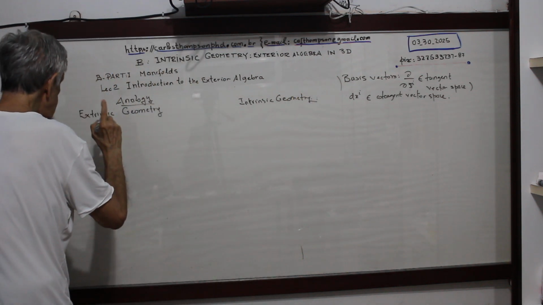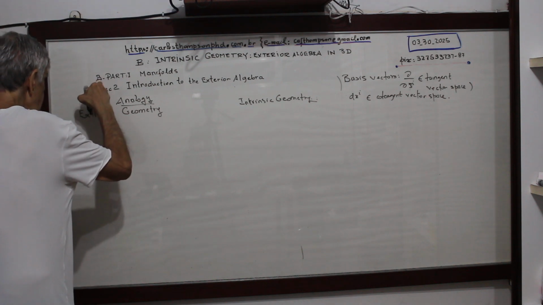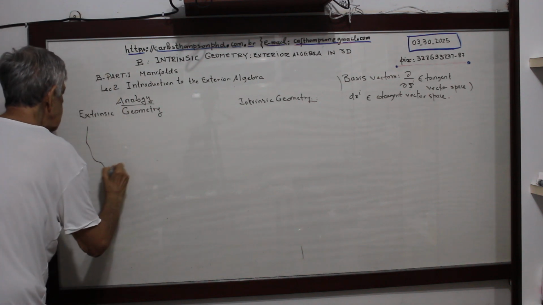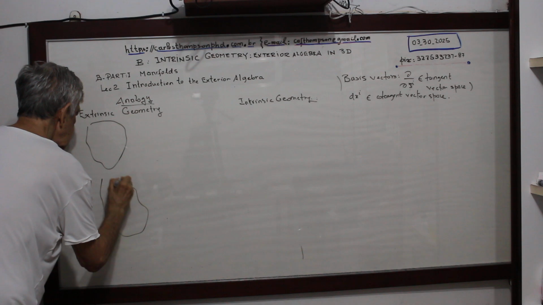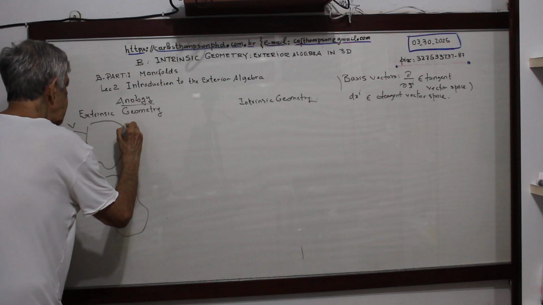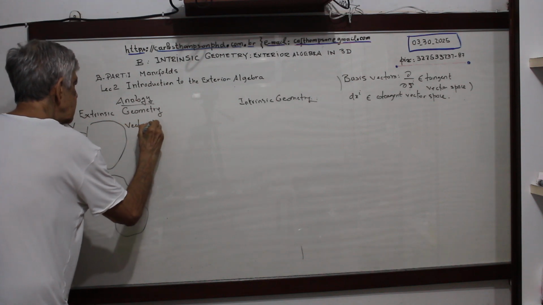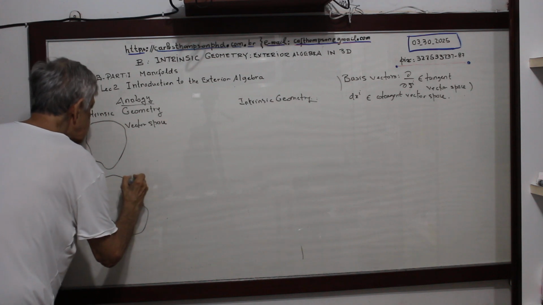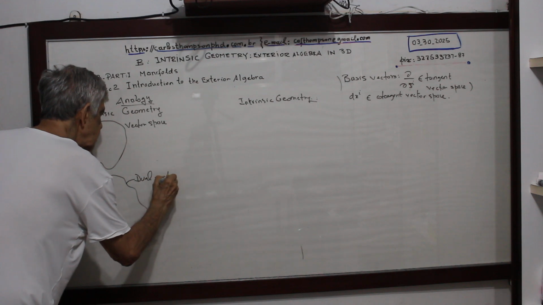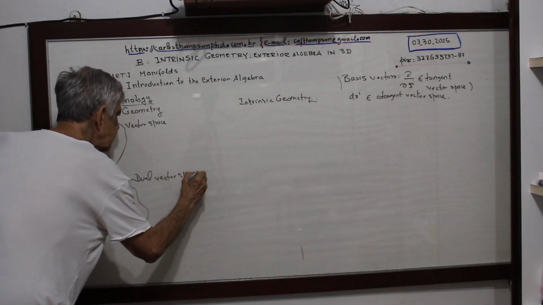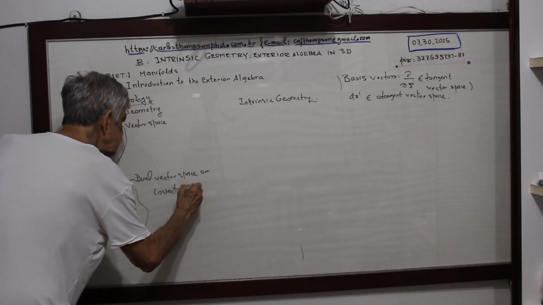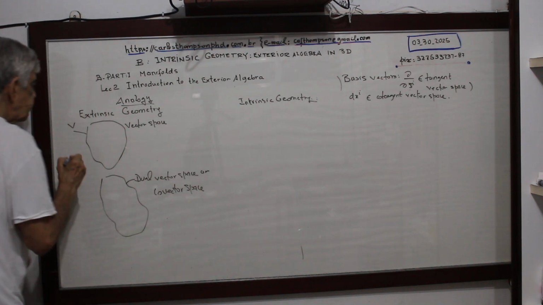Now, attention now, part A, this is B, then we saw like this. This is my vector space. I'll write here, vector space. And this one is a dual vector space, or covector space. Look how interesting.